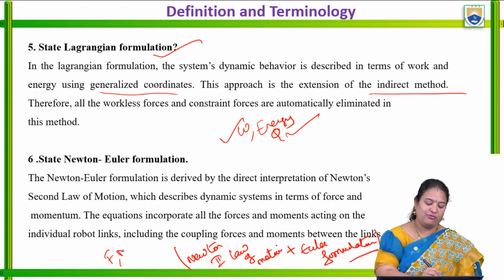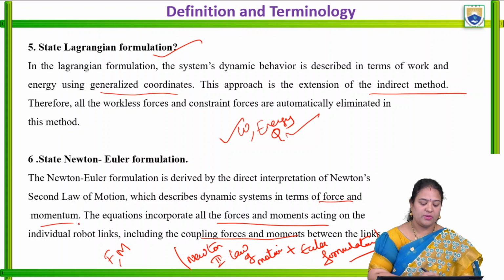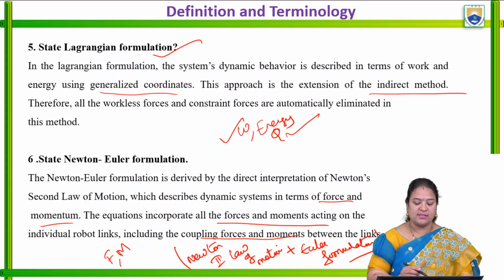This equation incorporates all the forces and moments acting on the individual robot links, including the coupling forces and momentum between the links. That is known as the Newton-Euler formulation.